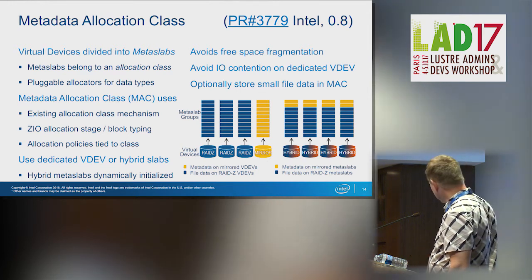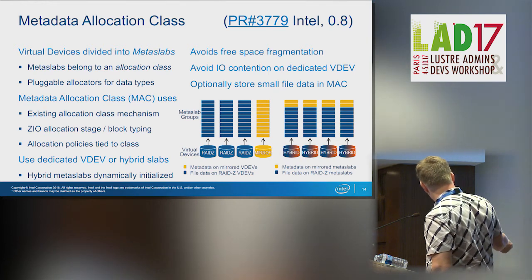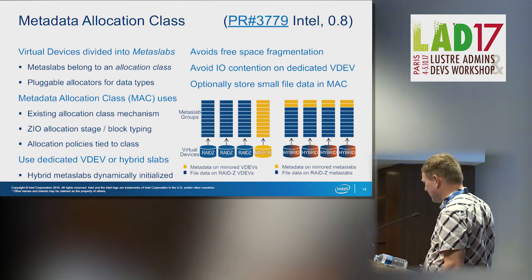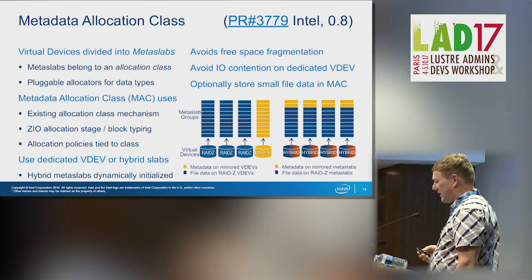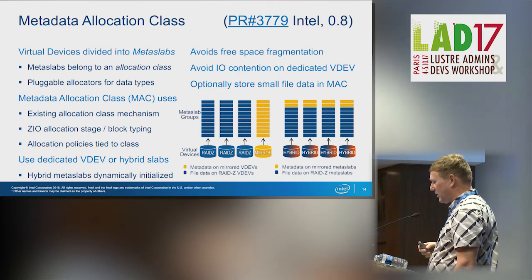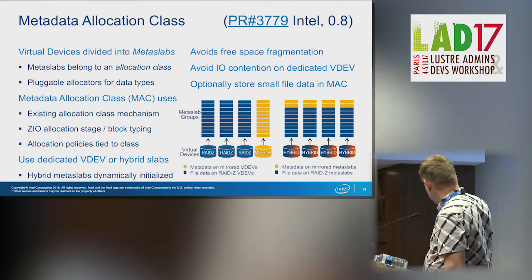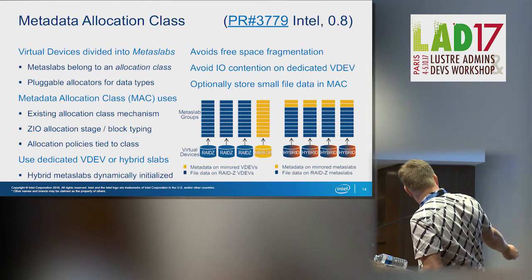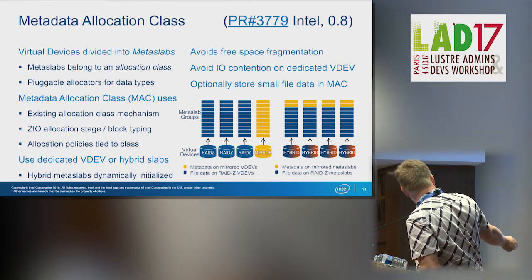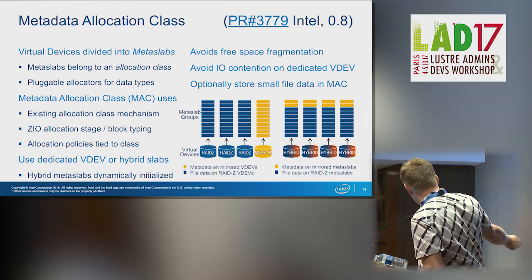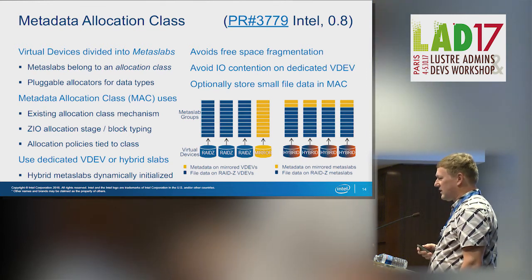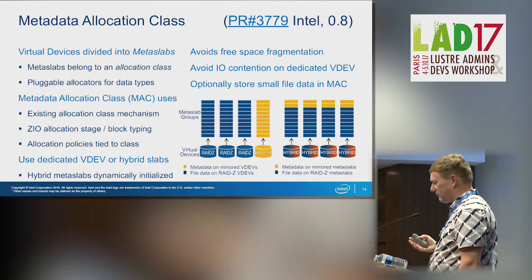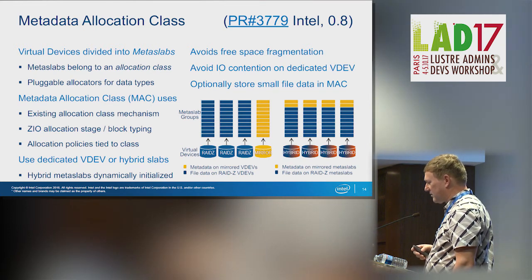You can do it in one of two ways. One is you have a dedicated mirror device that you could put on SSDs. It's a separate VDEV that has a mirror policy versus RAID Z. We also combined it with the D-RAID, so that if you have a very large VDEV, you can dedicate some regions of the disk to be mirrored versus other regions of the disk to be one or two or three parities.